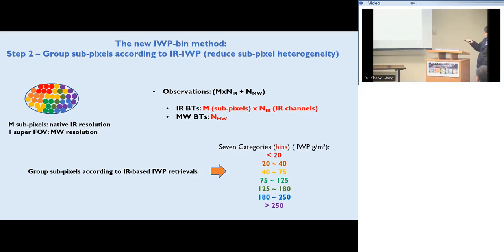For example, we can separate them into 7 different categories: smaller than 20, 20 to 40 grams per square meter, and so on. With this, we can separate the pixels into different groups, and then we can safely average the infrared observation for each group, because we assume that the clouds in each group have similar cloud properties, so there's no nonlinear effect there anymore.